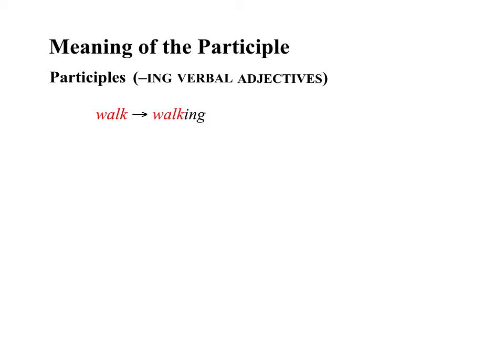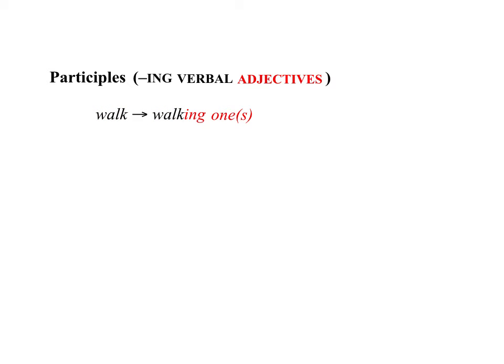When we talk about a participle, it's easiest to understand the concept if you think of a participle as an -ing verbal adjective. In other words, you take the verbal concept and add the -ing ending. So when we take the verb walk, we end up with a participle walking. But a participle is not only a verbal form, it is also an adjective form.